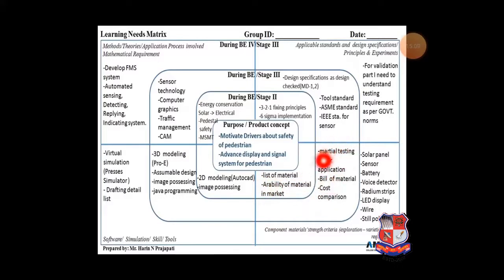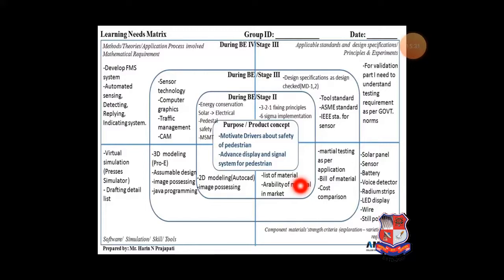In the last quadrant, the component materials and the strength criteria, this is related to material. In the first stage we have to prepare a list of materials. We already identified this kind of list of materials in the product ideation, where you write down the props and all this.